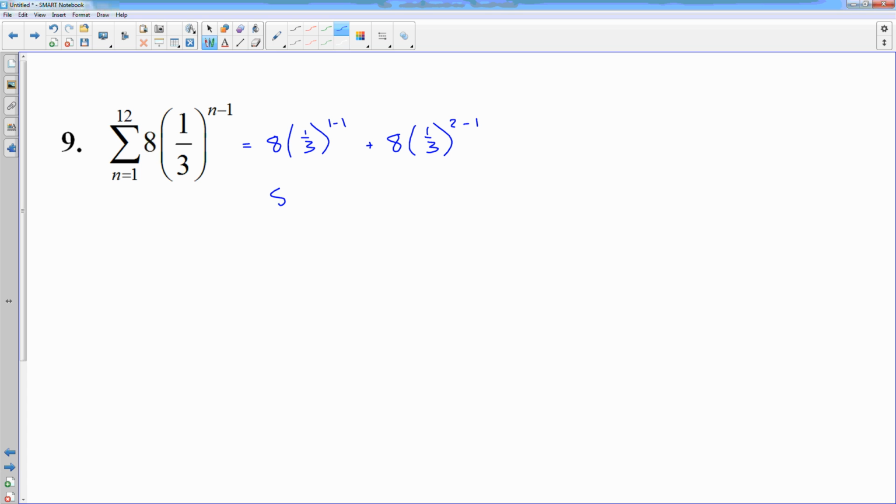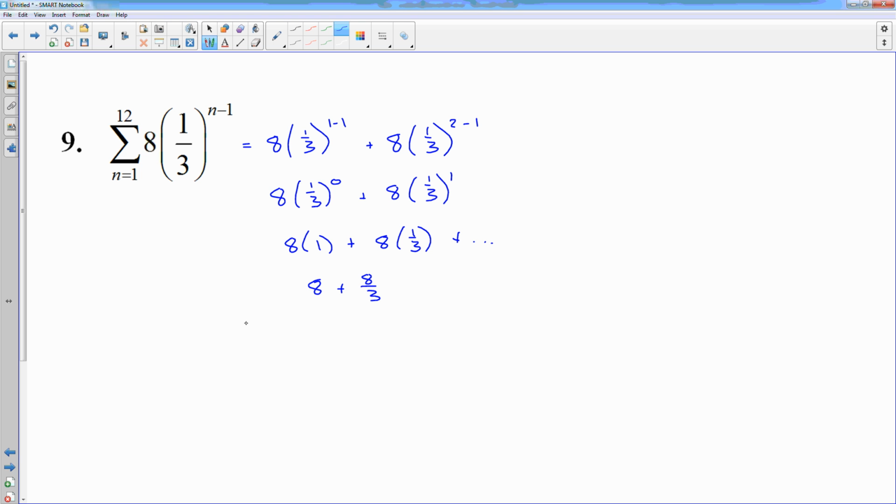And when you clean that up, 8 times 1/3 to the 0 power plus 8 times 1/3 to the 1st power. 1/3 to the 0 is 1, so 8 times 1 plus 8 times 1/3. And that gives you your first two terms of 8 and 8/3.